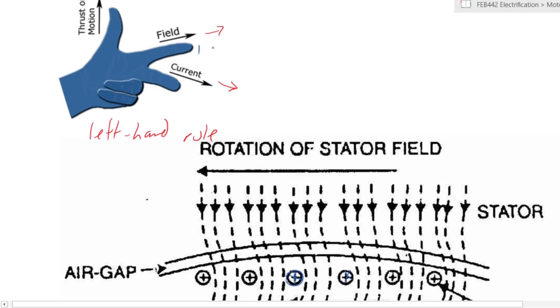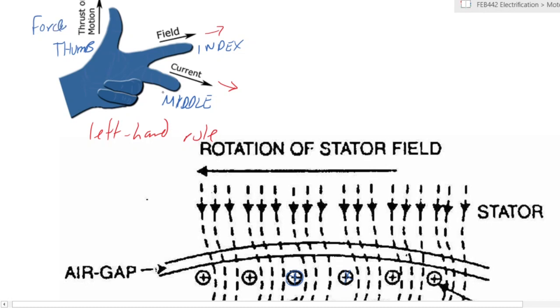Your current is at 90 degrees to it, the middle finger. And your thumb will point in the direction of the thrust or force that will result.